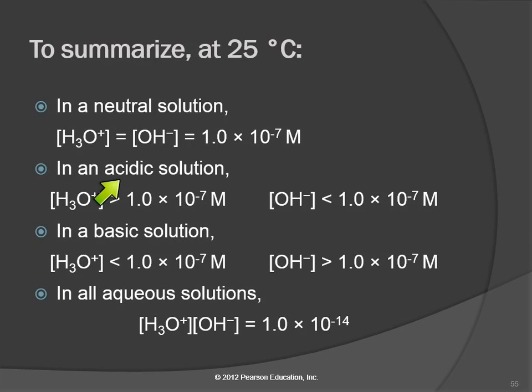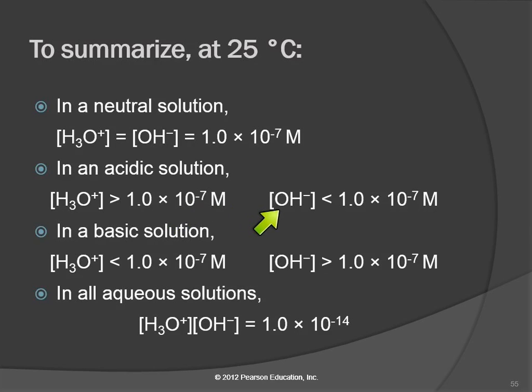In an acidic solution, that means you've added acid to the solution. What do acids do? They release hydrogen ions. They release protons. They form hydronium ions. If the solution is acidic, then the concentration of the hydronium ion is higher. It's going to be larger than 10 to the minus 7.